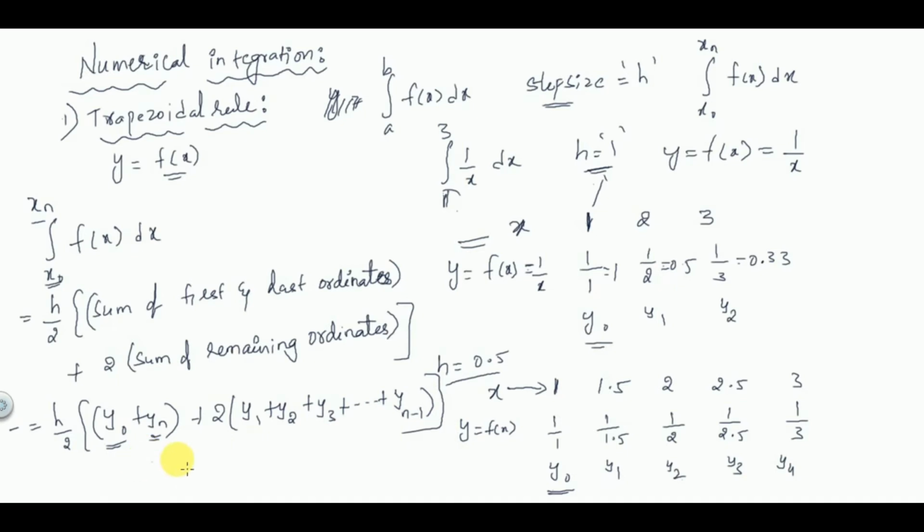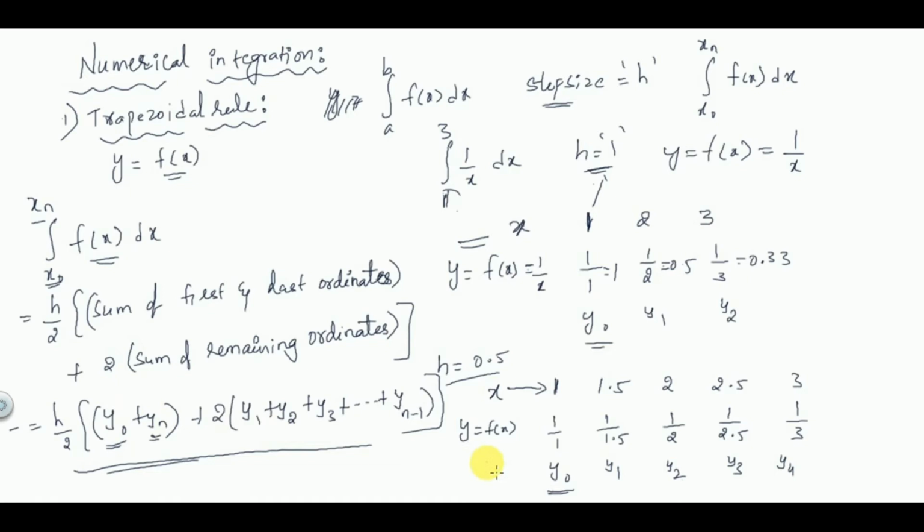These are the values which you have to substitute. We already have the value of h, the step size, and y0, y1, y2, so on up to yn are found out like this. We just have to substitute in this.